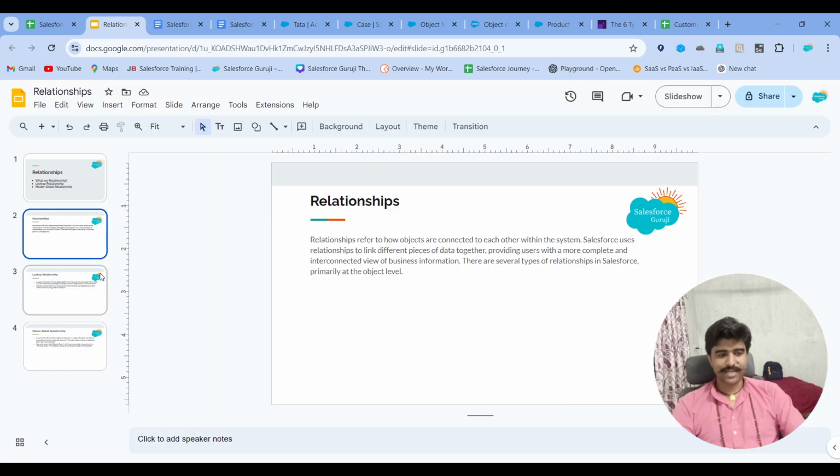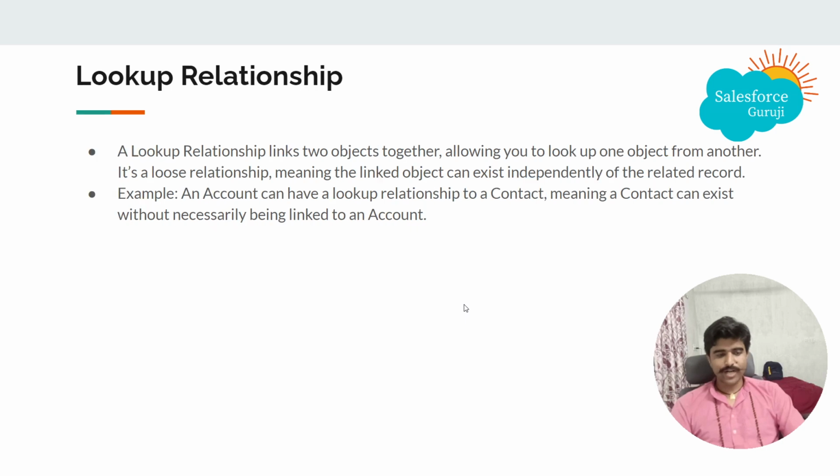Now let's get back here, and if we go ahead, we have multiple types of relationships. Right now we'll just cover lookup and master detail relationship. In the lookup relationship, a lookup relationship links two objects together, allowing you to look at one object from another.